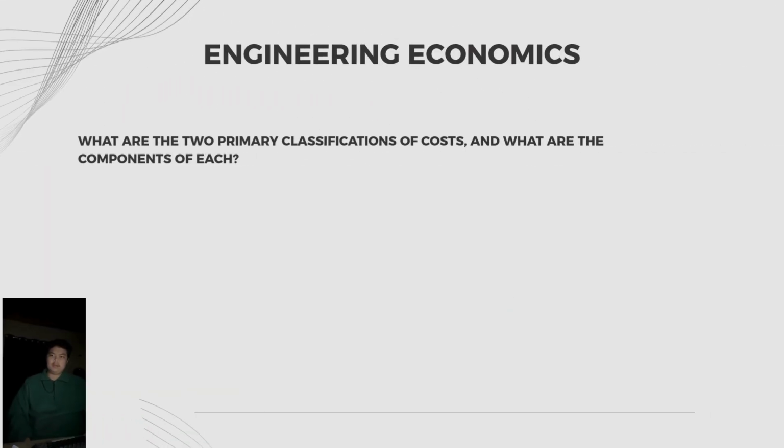What are the two primary classifications of costs, and what are the components of each? Overhead and variable expenses are the two main categories of costs. Direct material cost, the price of the resource used to make the product. Direct labor cost, the pay given to the employees directly involved in manufacturing. And direct expenses, other costs that fluctuate with production volume, are examples of variable costs.